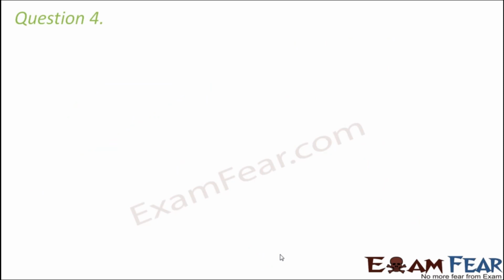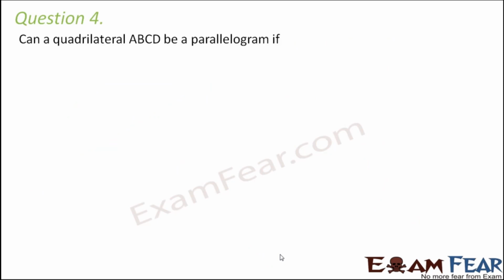Question number 4. Can a quadrilateral ABCD be a parallelogram if angle D plus angle B is equal to 180 degrees? In order to answer this, first let us draw a quadrilateral.